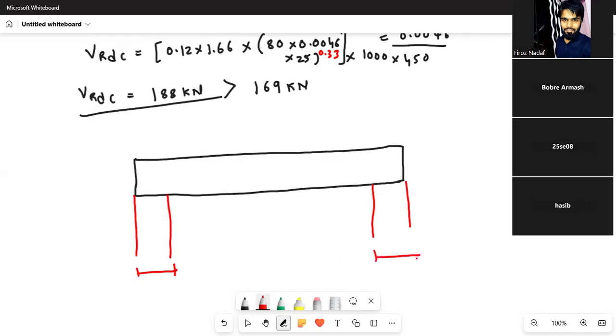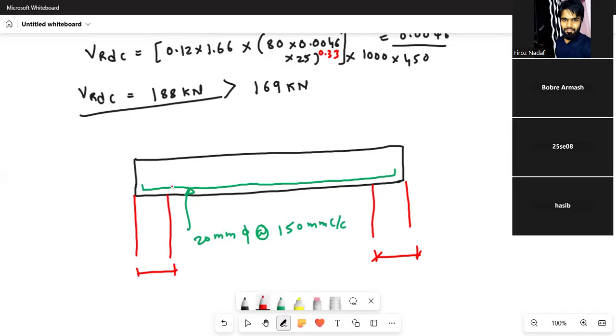I don't remember, you see the recording. In the longitudinal direction, we have calculated the reinforcement. In the length direction, it is 20 mm bar at the rate 150 mm center to center.